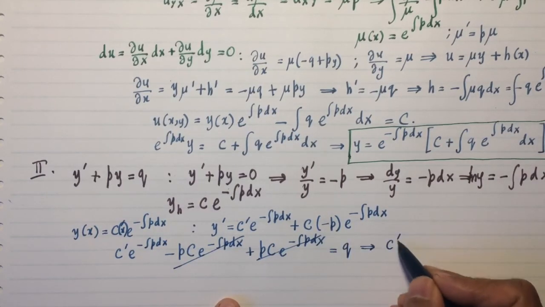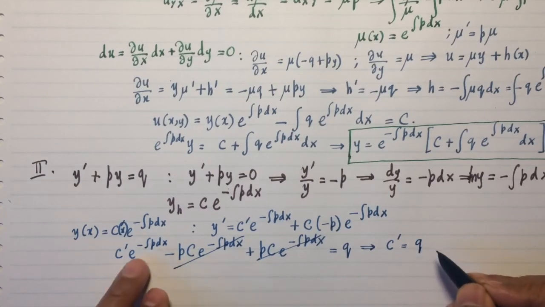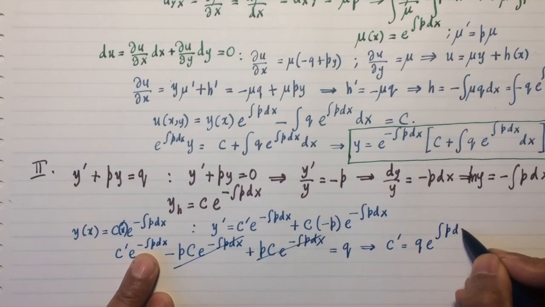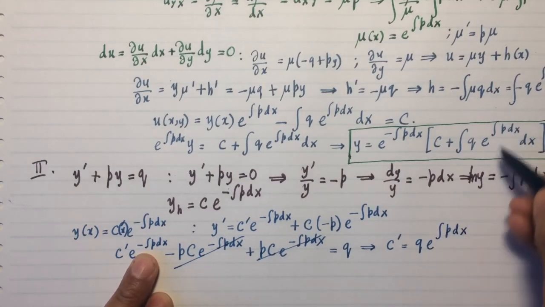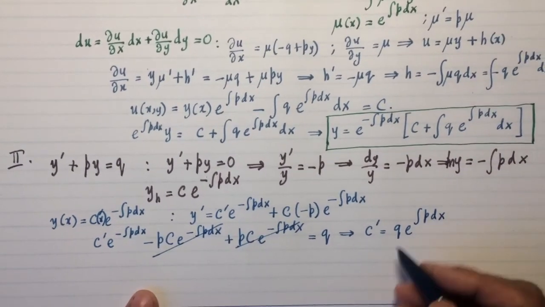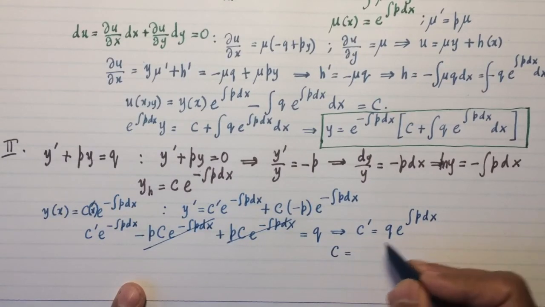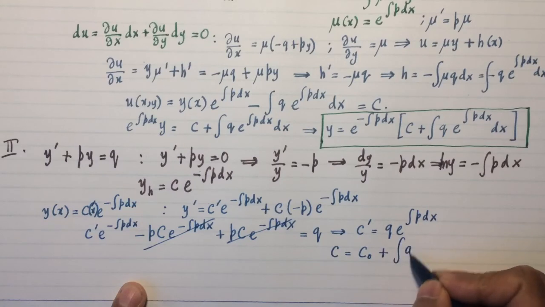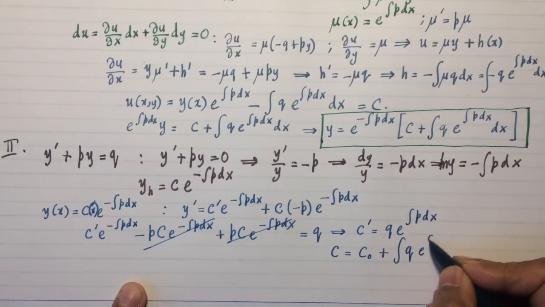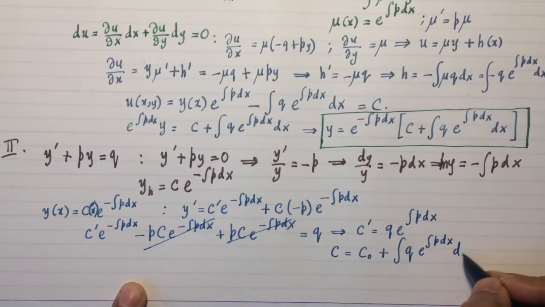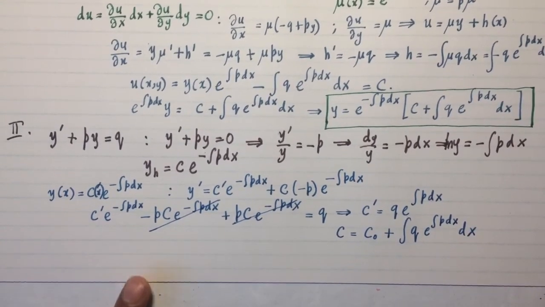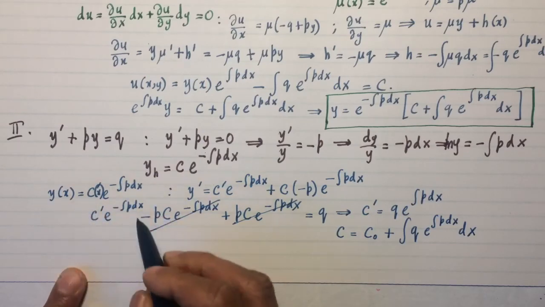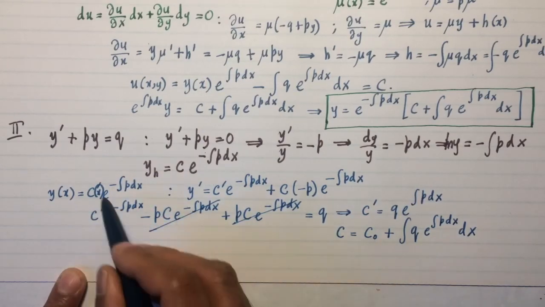So I just get c prime equals q times, when I take this to the other side, e to the positive integral p dx. Look at that. It's right there. And now c itself is going to be some other constant, c naught I'll call it, plus the integral of q e to the integral p dx. It's a miracle. It's the same thing. And the final solution of this differential equation is c of x stuck in there.